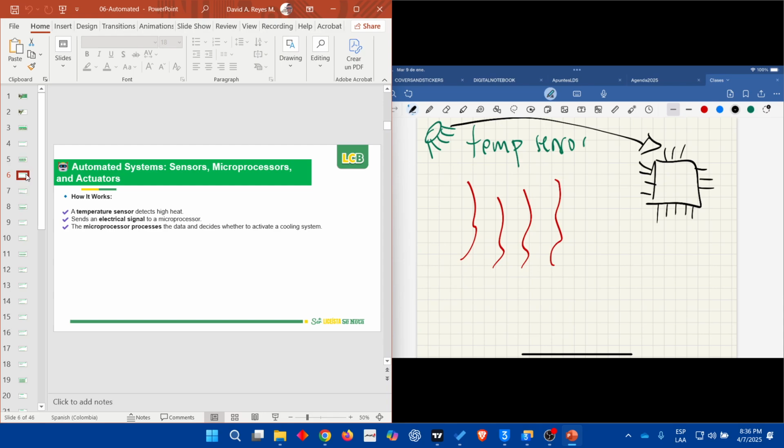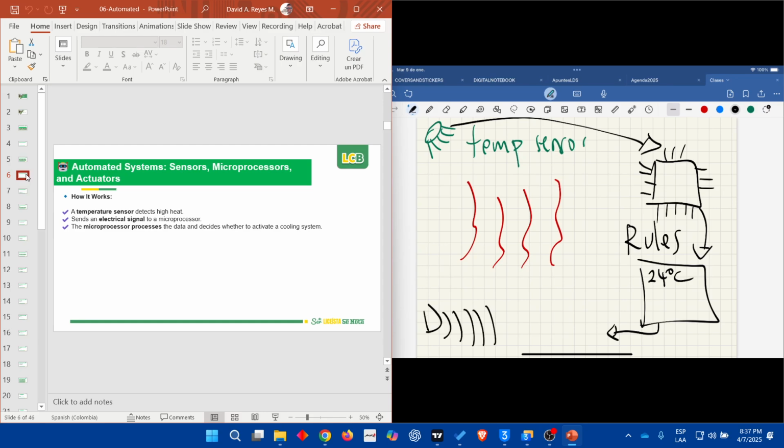The microprocessor starts checking some rules that we have. And let's suppose that if the temperature exceeds 24 Celsius, the microprocessor is going to send a signal to the cooler to refresh the environment. Okay?